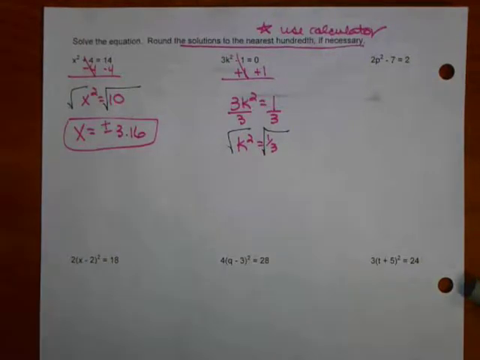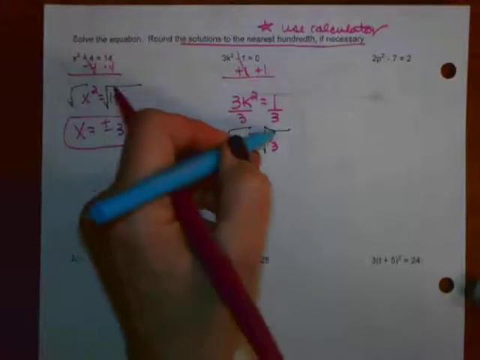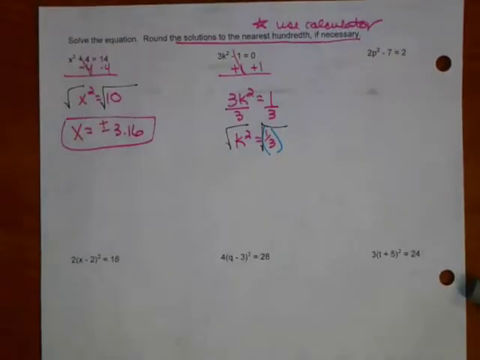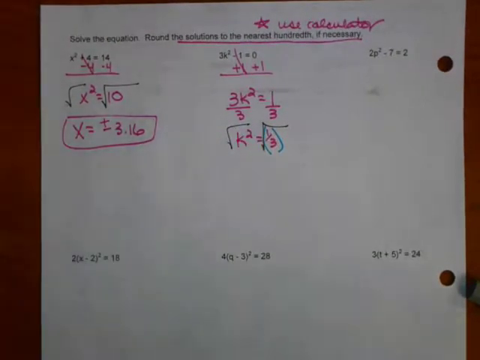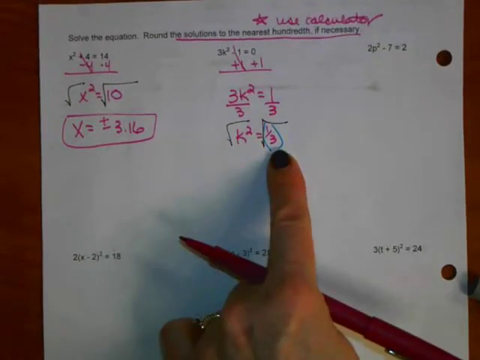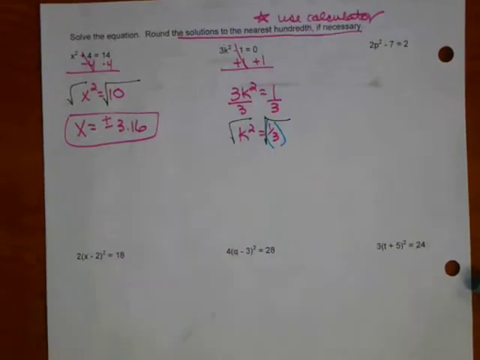If I were you, I would enter that 1/3 as a fraction, because sometimes the calculator might take the square root of 1 first, which is 1, and then divide by 3, and you're not going to get the right answer. So you have to tell it to take the square root of 1/3 altogether. It depends on the calculator.